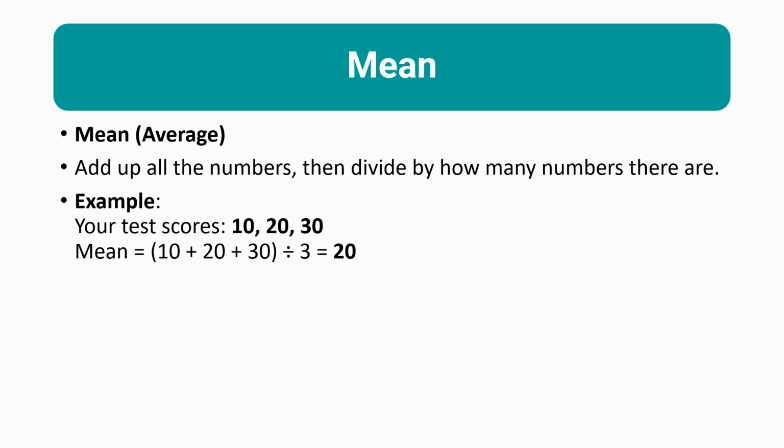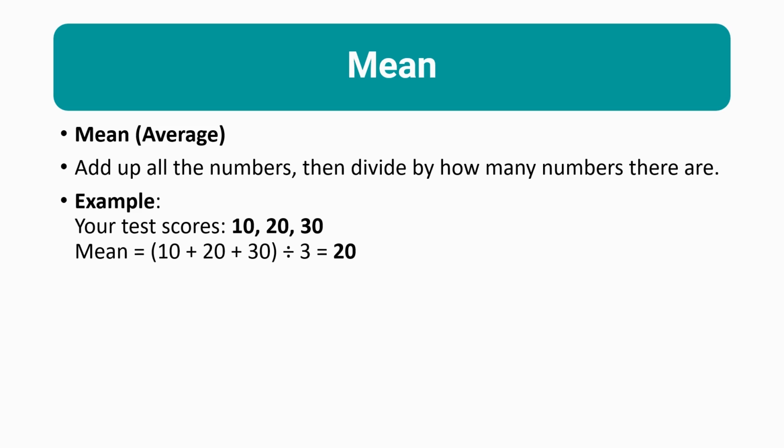Here we have 3 values. If we consider one more student who has scored 20, then it would be 10 plus 20 plus 30 plus 20 divided by 4, since we are considering 4 values. So mean is nothing but average, which tells what the average value scored in a class is.